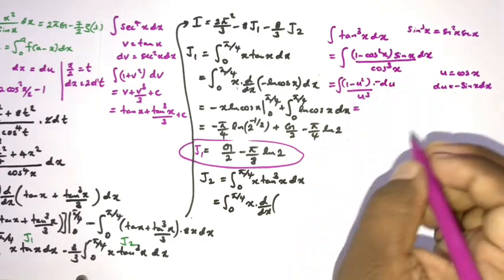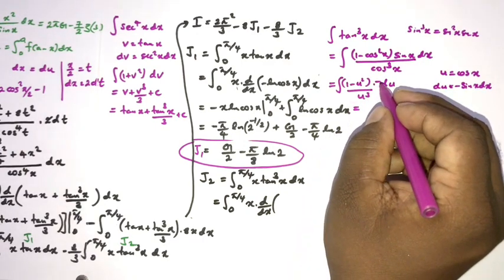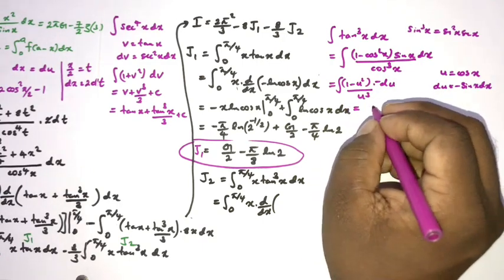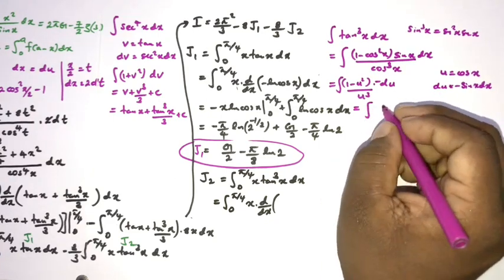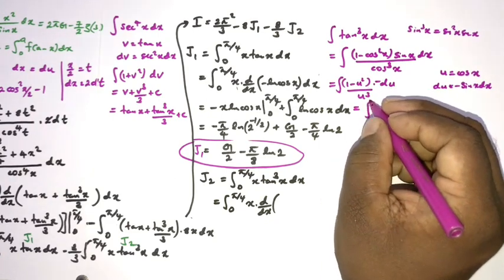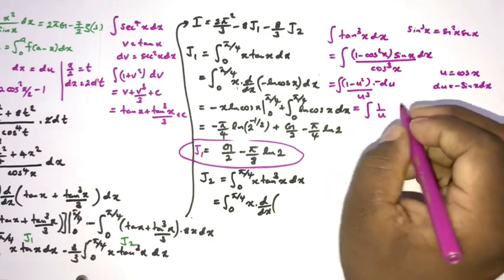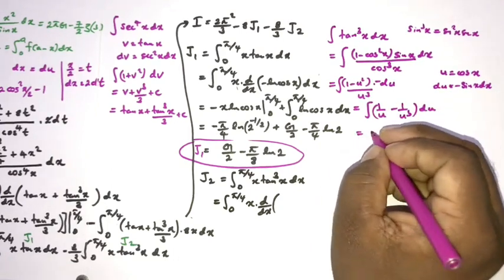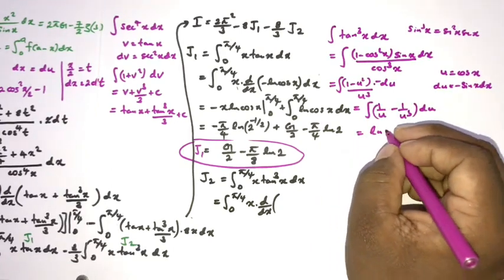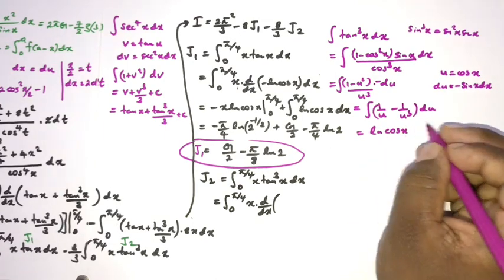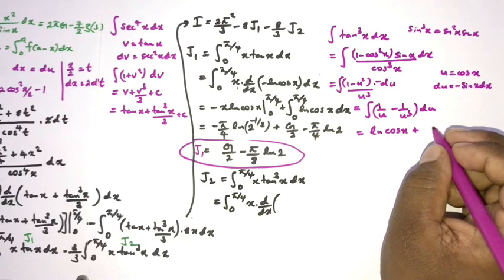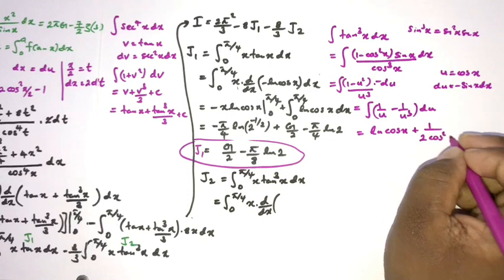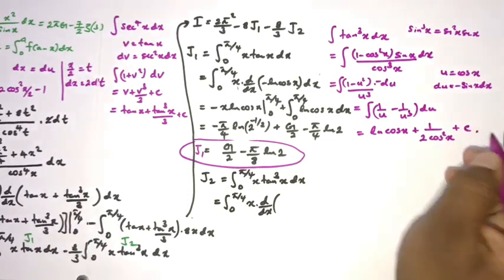Now we can simplify this. We can multiply by the minus sign and also divide by u to the third power. So this is equal to the integral of u square over u to the 3 power. U square gets cancelled, so 1 over u minus 1 over u to the third power du. So we get natural log of u, which is cosine of x, then minus a minus, so plus 1 over 2 u square, which is cosine square of x, plus c.